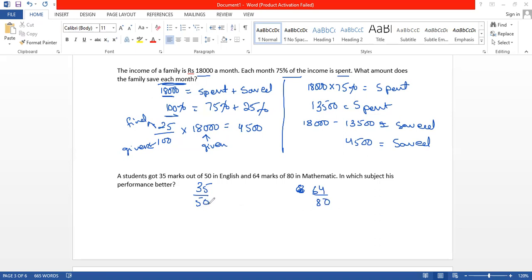So we can make the denominator equal to 100 so that we can compare, which means converting it into a percentage. So I'm going to convert both of them into percentages. So 35 divided by 50, an easier way is to always convert it into decimals. 35 divided by 50 gives you 0.7 multiplied by 100.